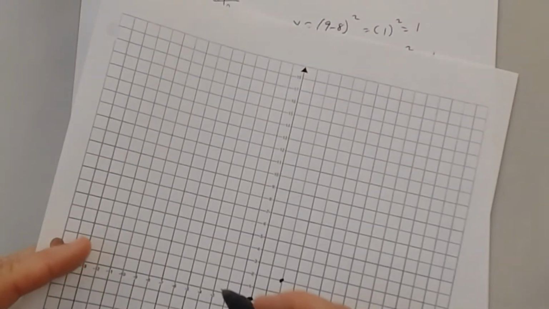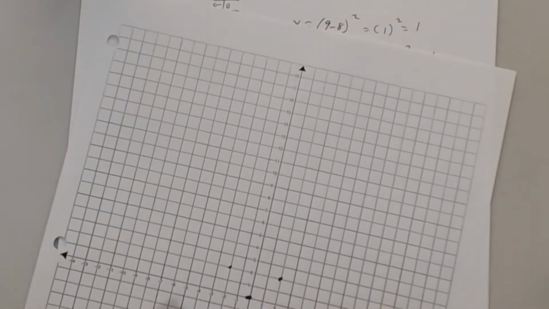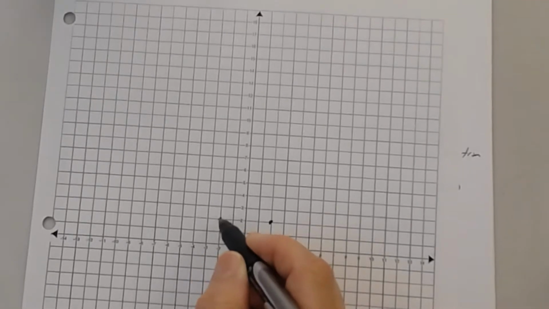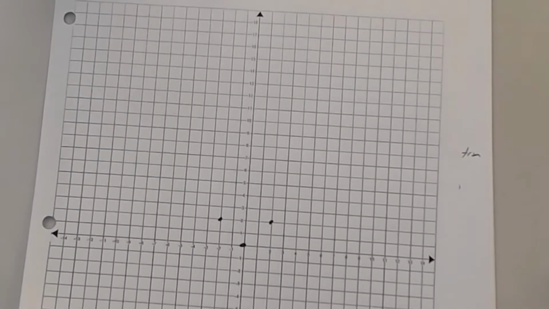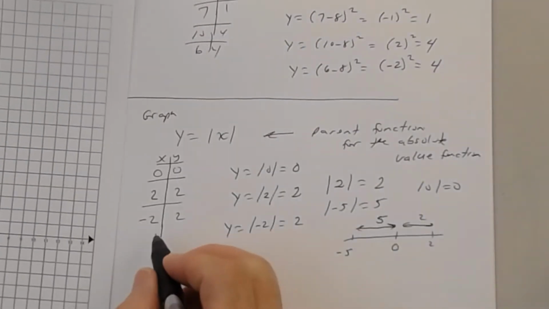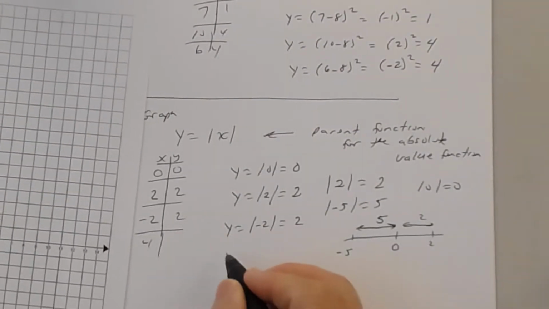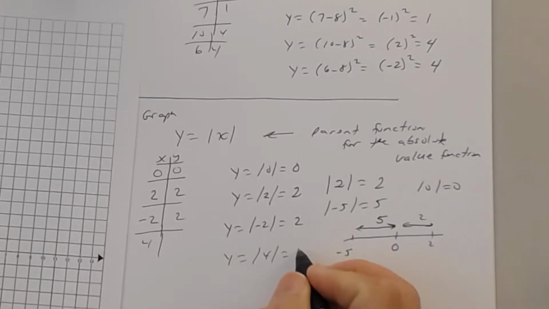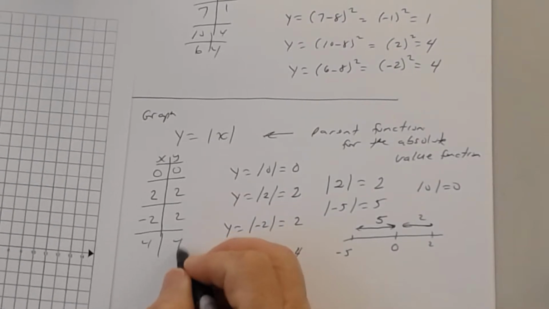So I plot the point negative 2, 2. Just like with the quadratic function, this has symmetry. If x is, let's say, 4, I have y equals the absolute value of 4, which is 4. So I plot the point 4, 4.